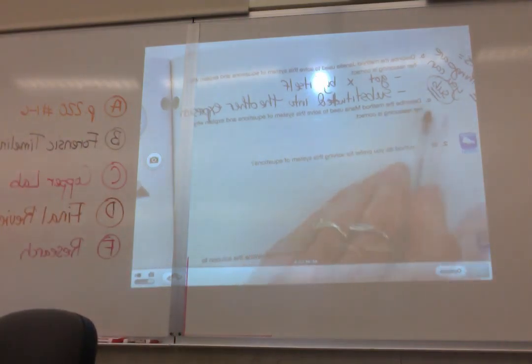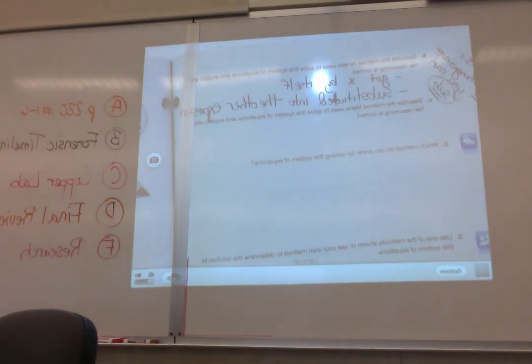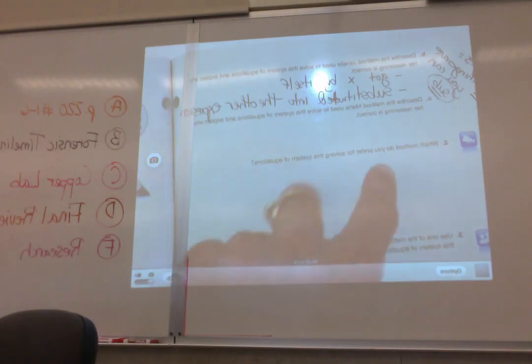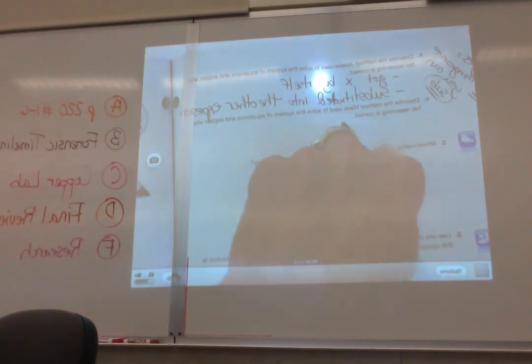Describe how Maria solved it. She was the last one. What did Maria do? You guys flip back. I'll keep to this page. What did Maria do? Did she get x by itself?